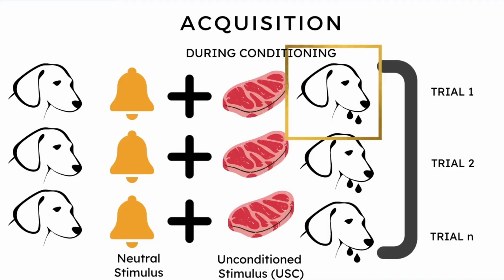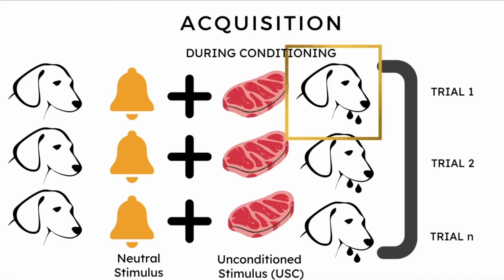Following this stage of acquisition, the neutral stimulus becomes a conditioned stimulus, and it elicits the same response as it would have to the original unconditioned stimulus. It just means that you don't need the unconditioned stimulus anymore to elicit the response. You only need the conditioned stimulus.